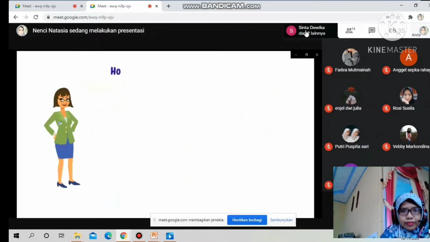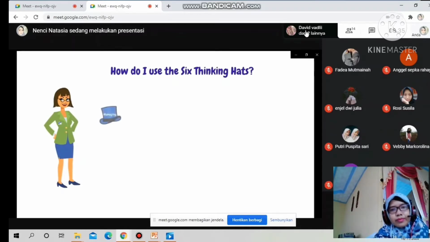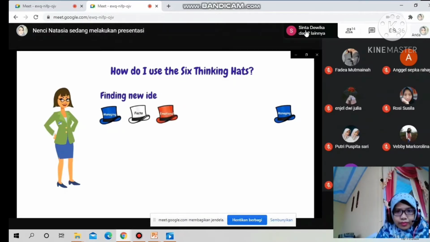How do I use the 6 thinking hat technique? It always begins and ends with the blue hat. The sequences of the hats depend on the goal of the meeting. To give a few examples, if finding new ideas is the goal, then green hat for creativity should be used before the yellow hat for optimism, and black hat for judgment.